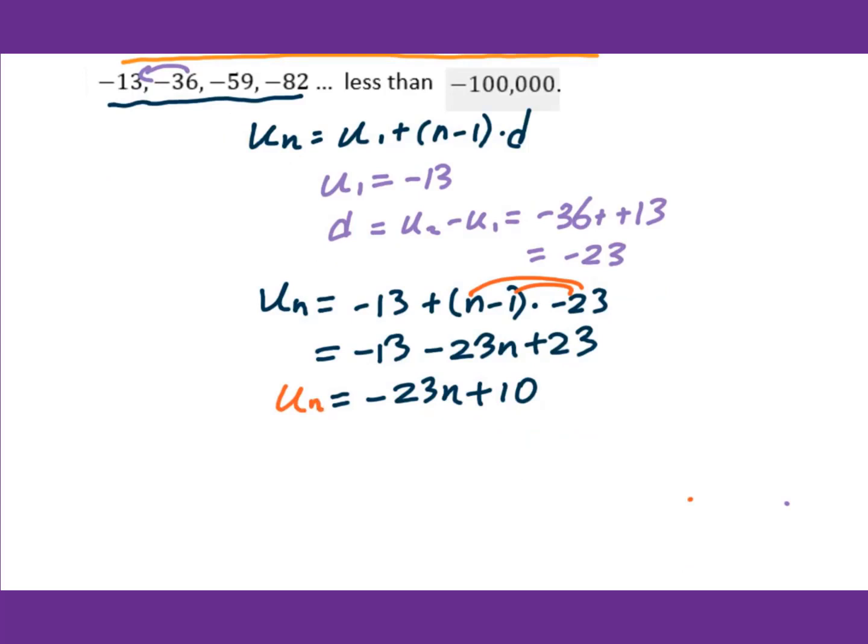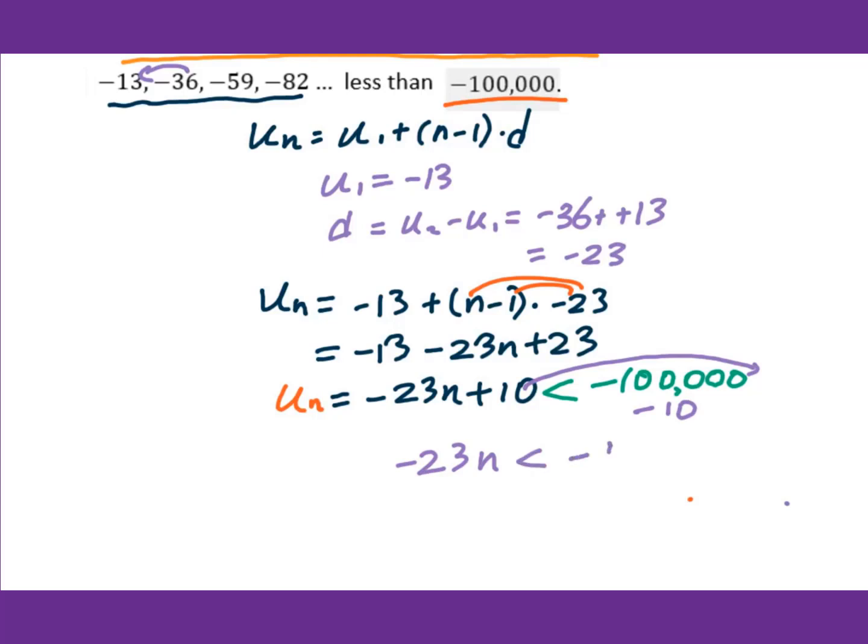We're looking for the first term less than negative 100,000, which means this one less than negative 100,000. Now we solve for this n. So subtract 10 from both sides. You will get negative 23n less than negative 110.